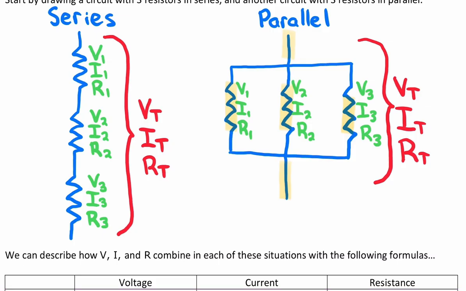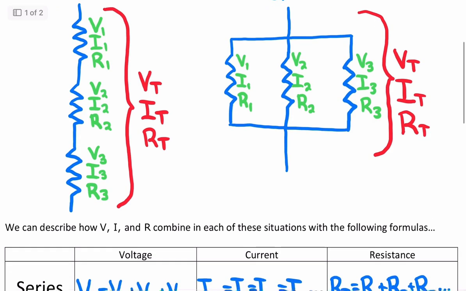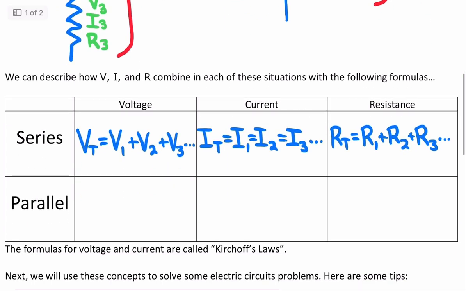They're all going to have the same potential difference. They're all going to have the same voltage. So in our parallel circuit, the voltages are all the same. Total voltage is equal to voltage 1, which is equal to voltage 2, equal to voltage 3, etc.